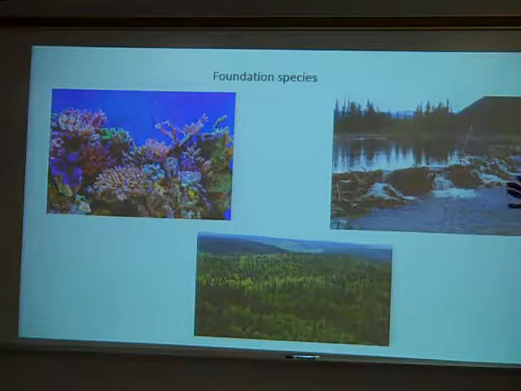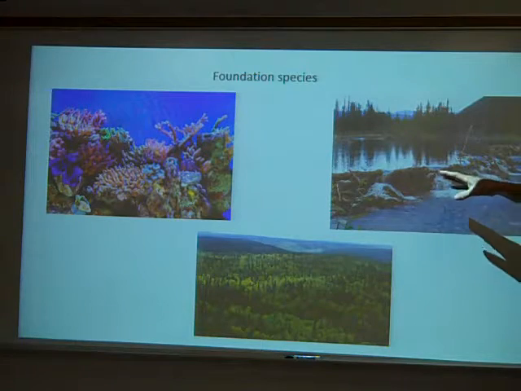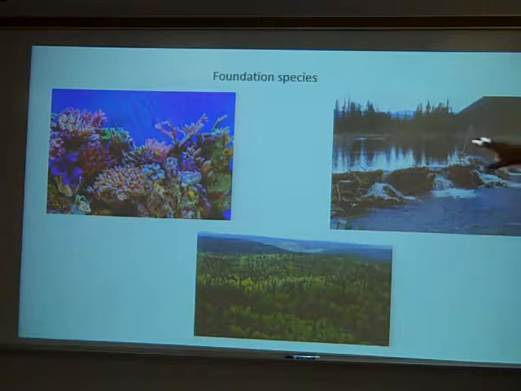And it's foundation organisms that provide or alter or produce a particular habitat. So sometimes things like beavers, which will basically make ponds when they dam up a river, are also oftentimes considered foundation species. Although they're also considered a keystone species as well, so I want you to keep that in mind.